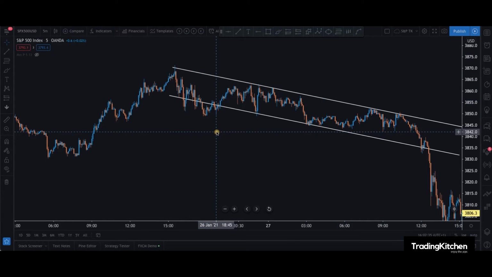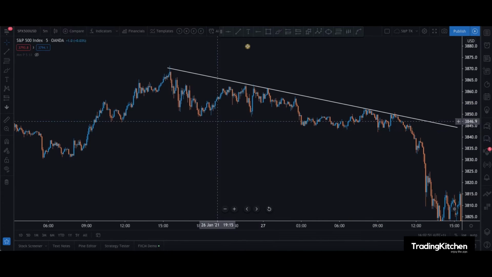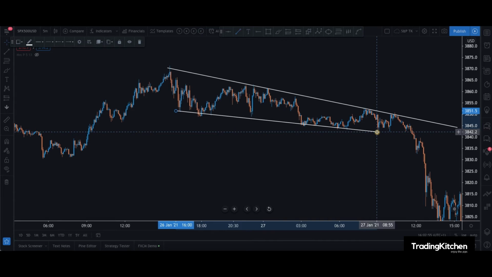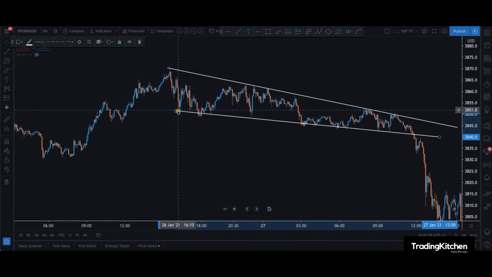A channel could be made not only by two parallel lines. So a channel can also be, let me remove this one, maybe this is the case.